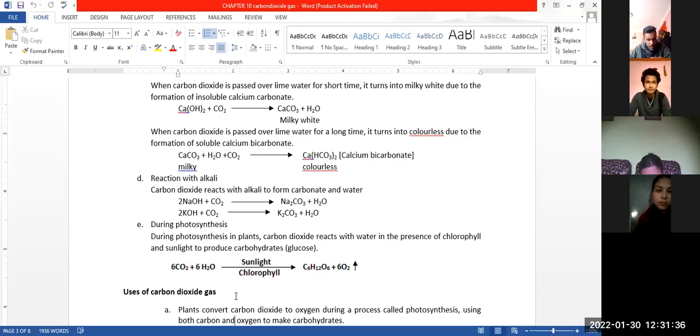They produce carbohydrates that we call glucose. That is called food of plant. 6CO2 plus 6H2O, with sunlight and chlorophyll, gives C6H12O6, which we call glucose or carbohydrate, plus 6O2, oxygen, is produced. This is the reaction of photosynthesis.